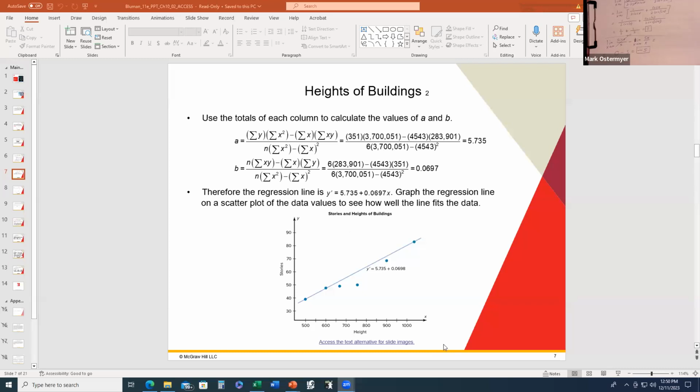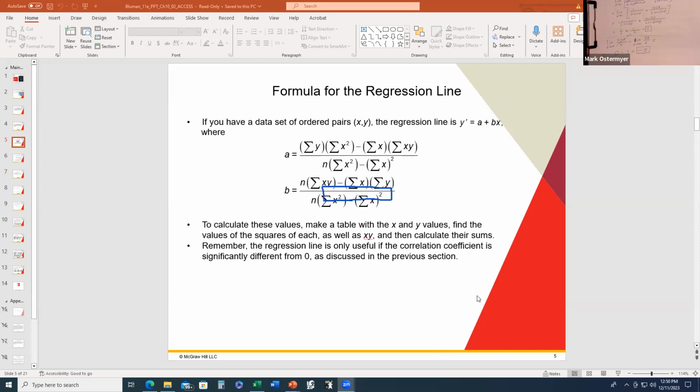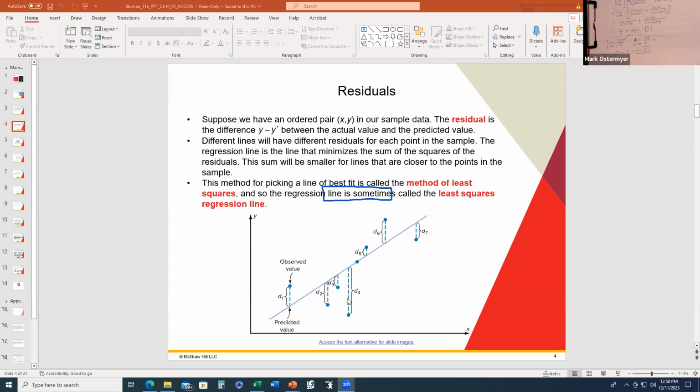So lo and behold, you now have your linear regression equation that basically minimizes the sum of the squared residuals. If you were to take each of these residuals and square these differences between the predicted y and the actual y values, and sum them up, you have what's called the sum of squared errors.